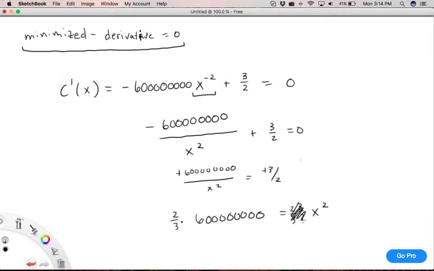That kind of gets rid of this. 2/3 of 6 is 4, so and then we square root this number, and we're going to get 20,000. So that means to minimize the production and storage costs for this scenario, each production run needs to have about 20,000 items. And that's the answer.